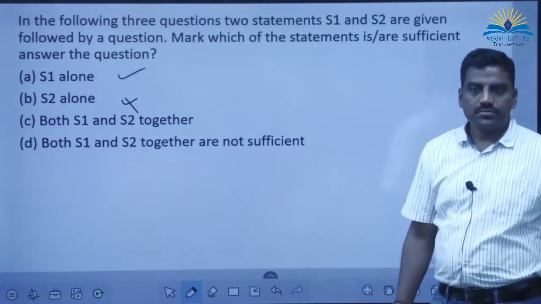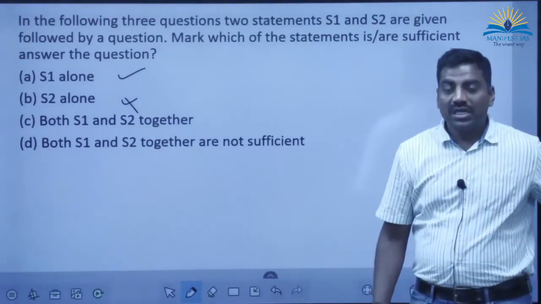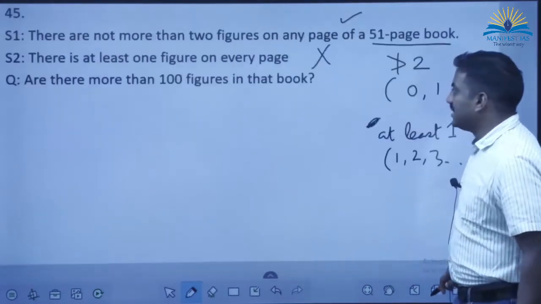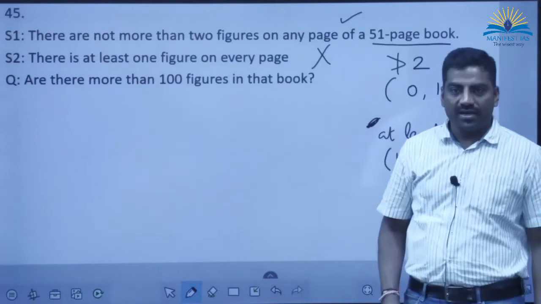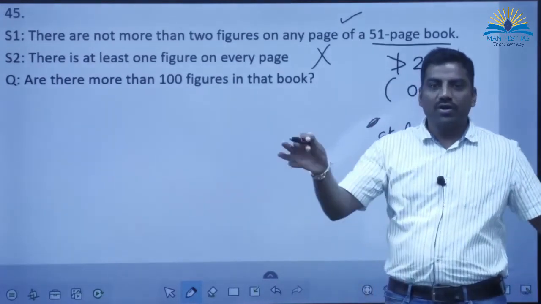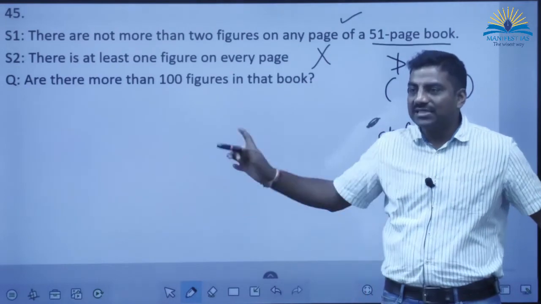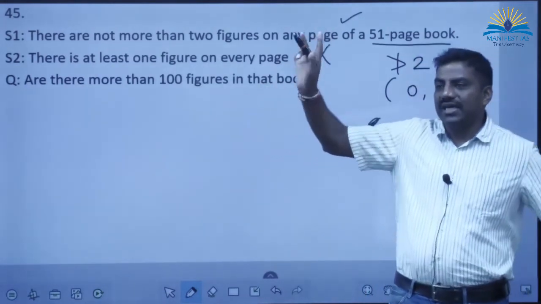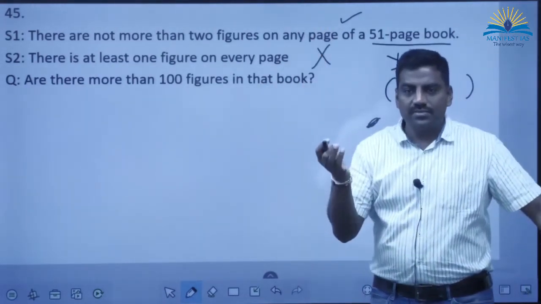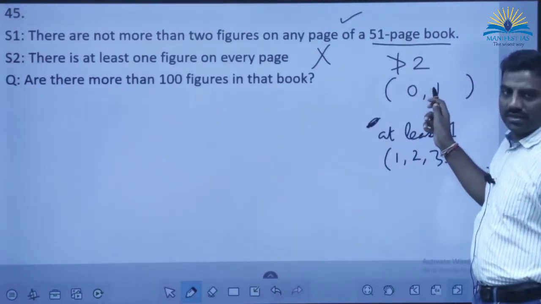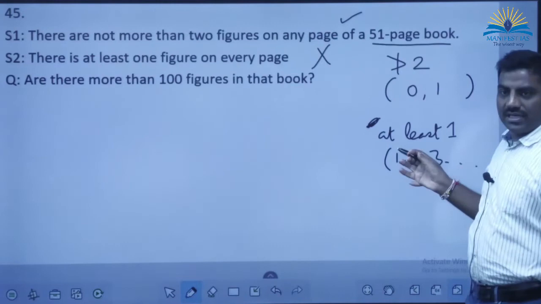If they ask exactly how many figures are there, then you cannot answer with any of them. It can be anything here, and here also.